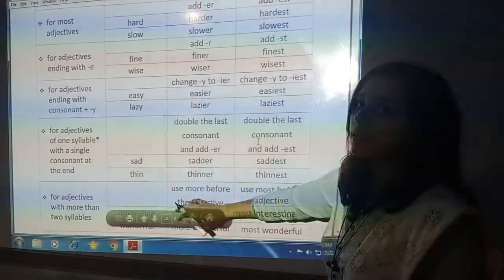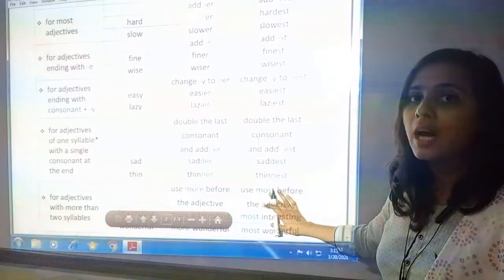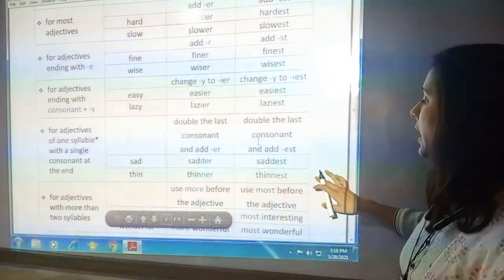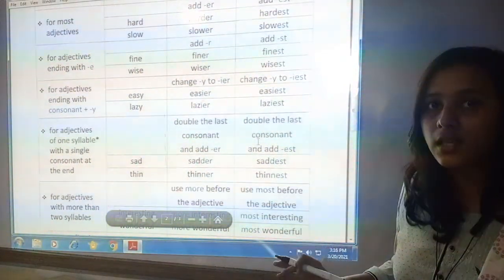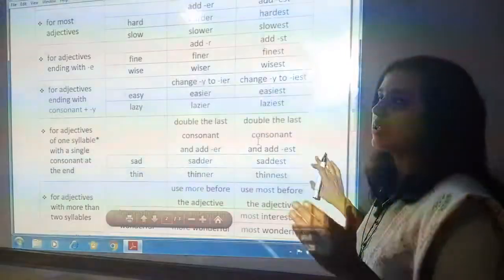Next one, thin. THIN will become THINNER, thinner in comparative degree, and THINNEST, thinnest in superlative degree. So in this way the degrees will be changed.